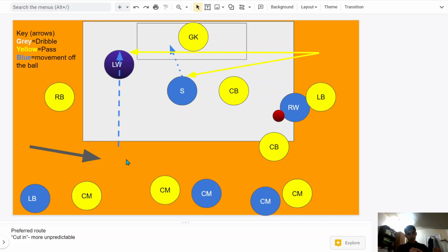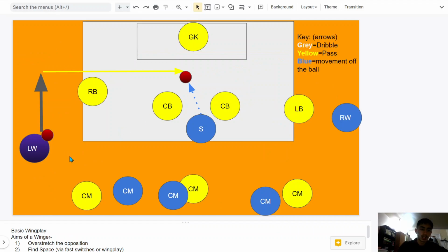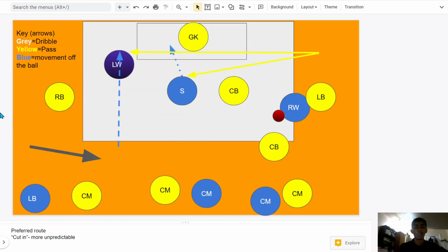All you do is run like 5 meters with the ball, or even less. Sorry, 4 meters with the ball. Give it to the person on the other side, let him do his flashy skills, whilst you find a space at the far post. That's what I do, and that kind of helps me. That explains why I don't spend too much time on the ball like your traditional winger would.